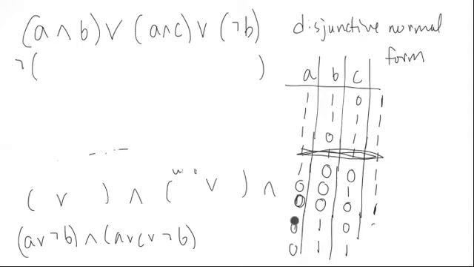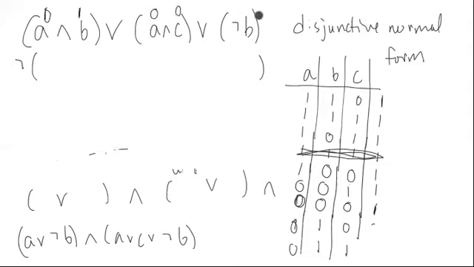So let's see what happens. When A is false, let's just think about this. A is false, B is true. So A is false, B is true, so that's going to be false. Okay, then we think A is false and C is false.